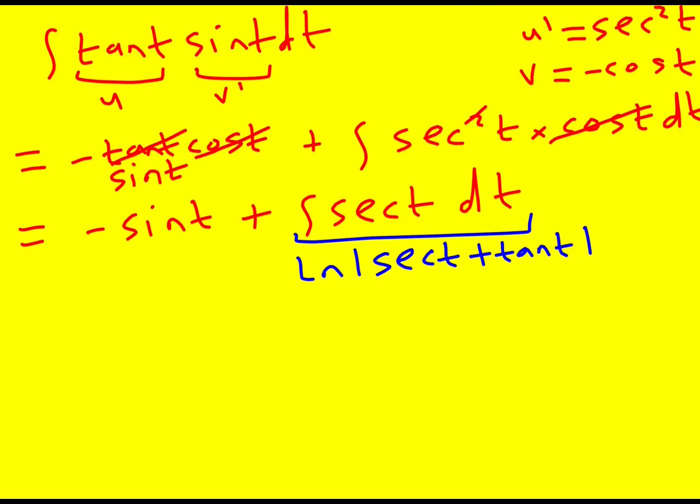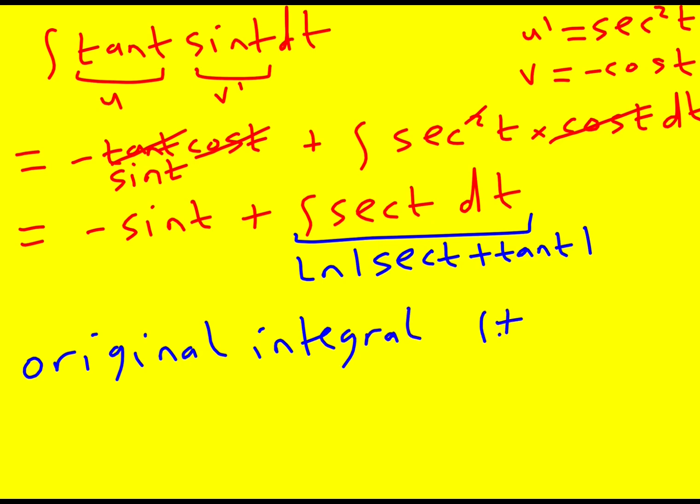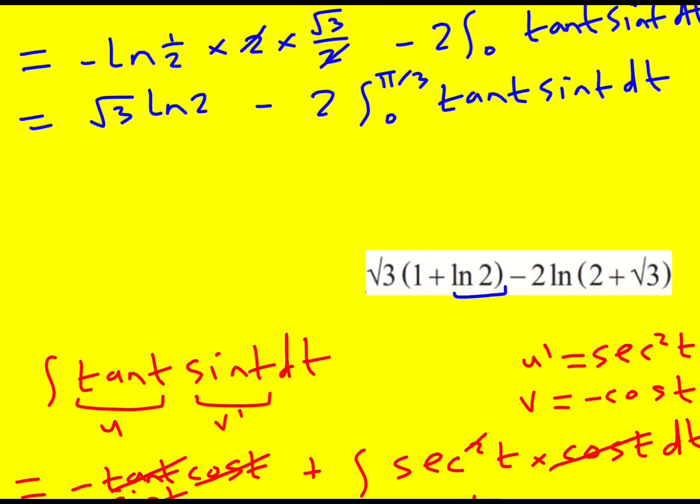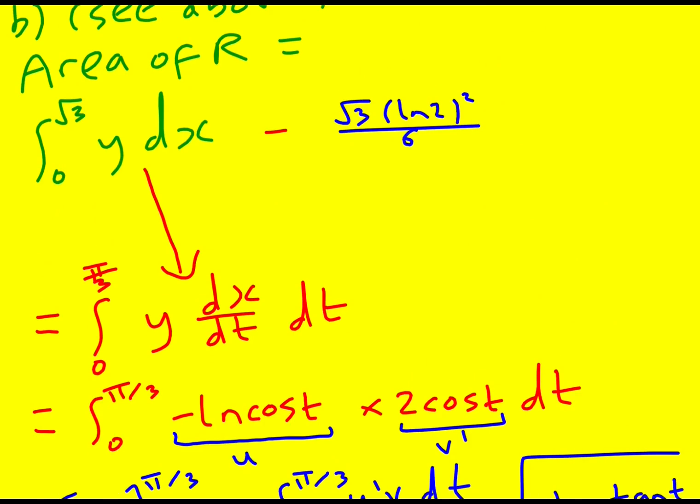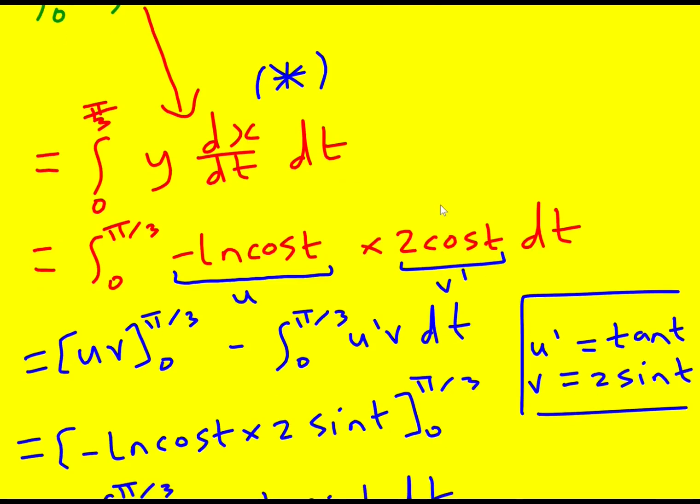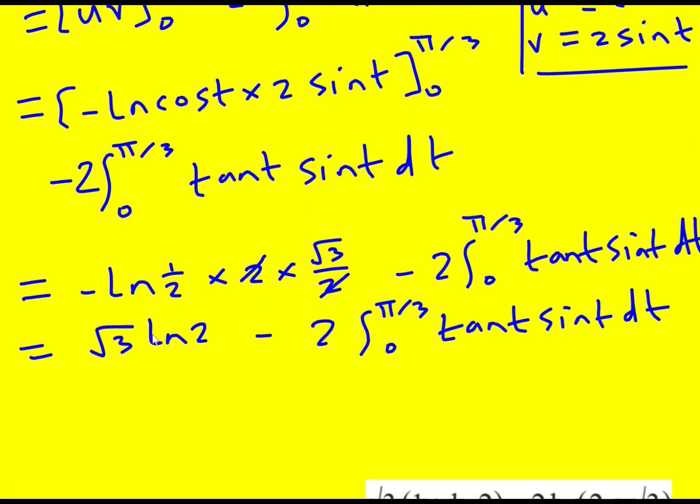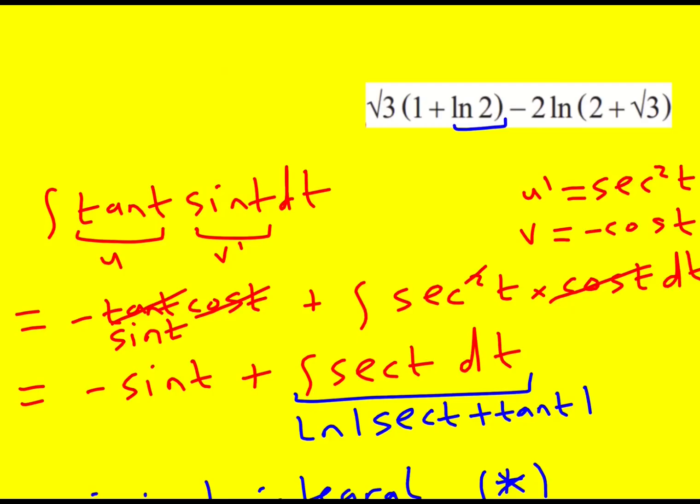And we're nearly done. So that means the original integral, which I'll call star, back here, is going to equal that root 3 ln 2 that we had.